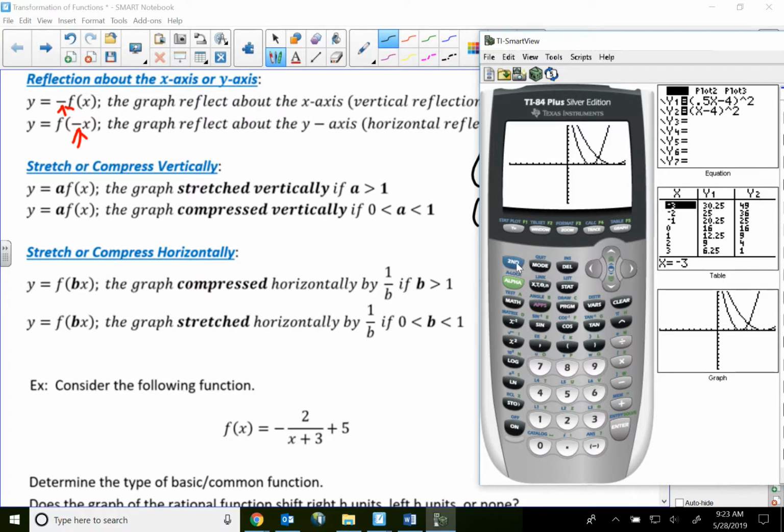So these numbers in front of the x tell you whether it is vertically or horizontally stretched or compressed. The b, which I purposely called a different letter, is a coefficient in front of my x inside the function, and it tells you whether it is stretched or compressed horizontally.